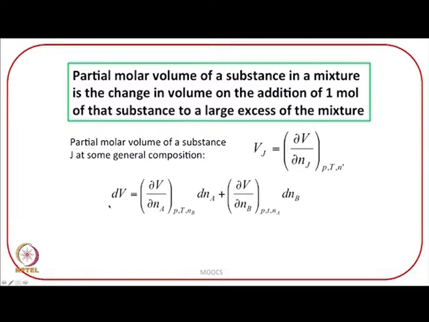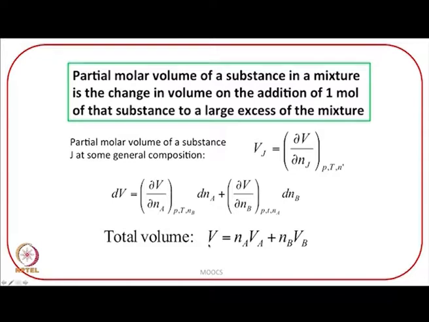And now if I calculate the total volume, I integrate this. Partial molar volume being a constant quantity, the total volume will be V is equal to partial molar volume of A into number of moles of A plus partial molar volume of B into number of moles of B. This is how we can express the total volume in terms of partial molar volume of its constituents.